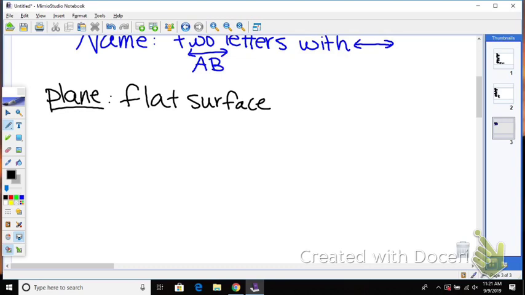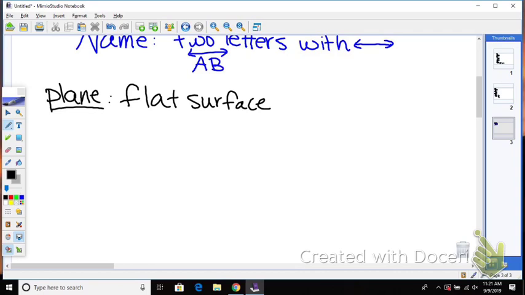Your desk is a plane. What's another plane? Floor. The floor is a plane. The ceiling is a plane. The board is a plane. The door is a plane. Any flat surface that you can basically write on or put information on.